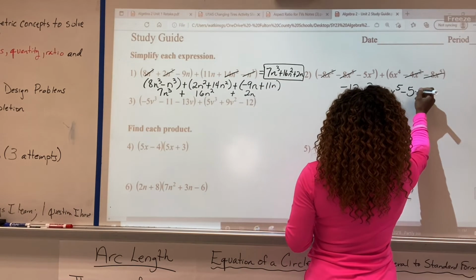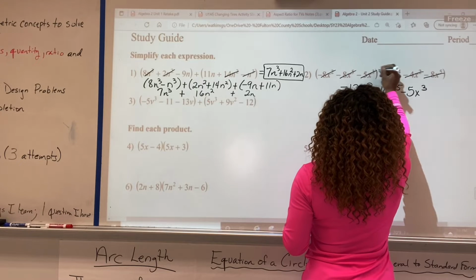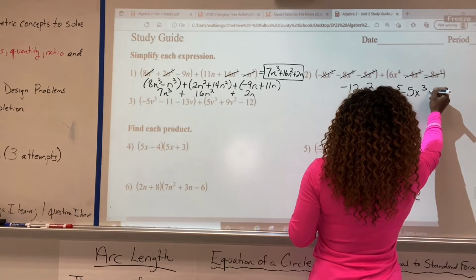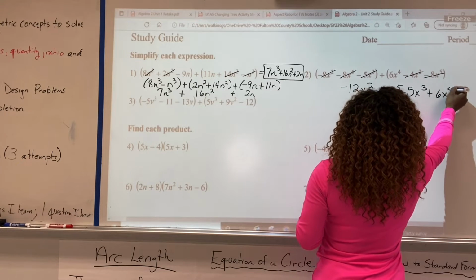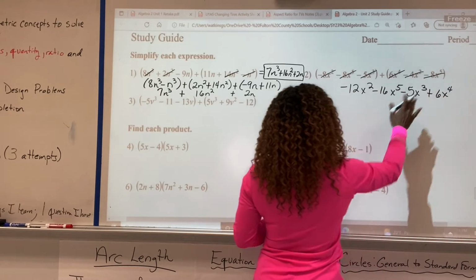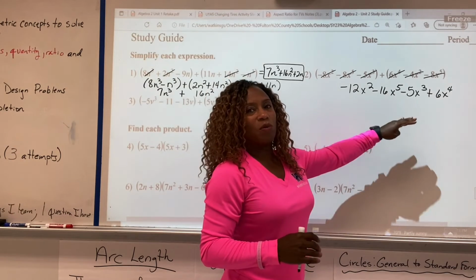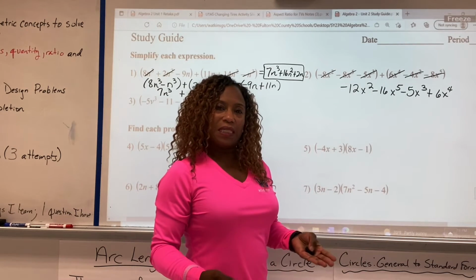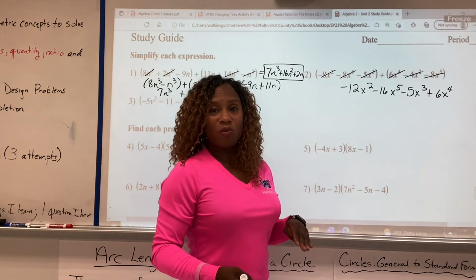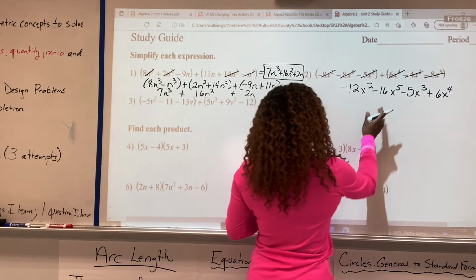So I've got my 5x cubed, and I've got my 6x to the 4th. So I've used up all the terms. What I'm going to do at this time is put them in standard form, which means I'm going to put them in descending order, starting with the highest exponent. And this is what I mean.